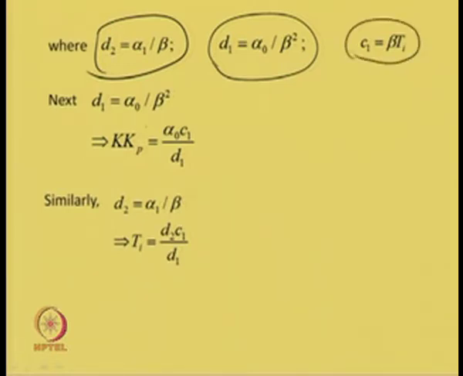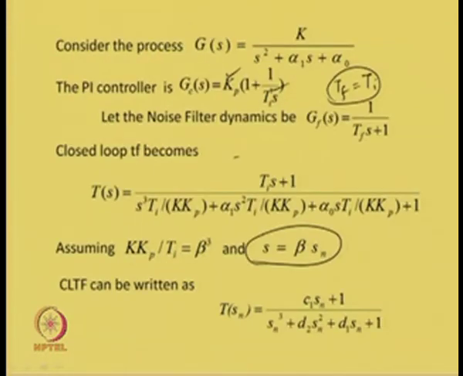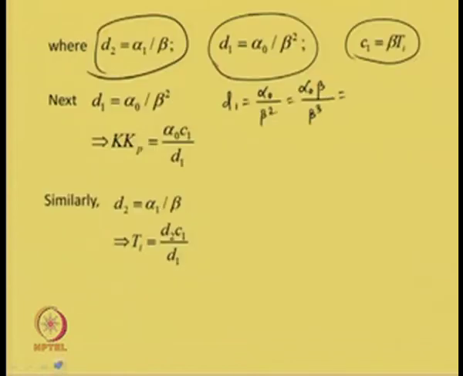Now, since d1 is equal to α0 / β², it is same as α0 β / β³, and β³ is nothing but k Kp / Ti. So, you can write α0 β Ti / (k Kp). Again β Ti is C1.